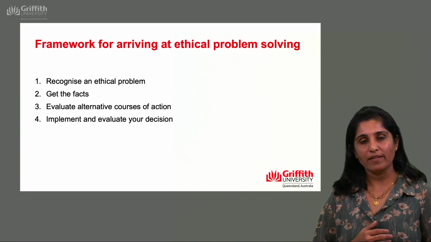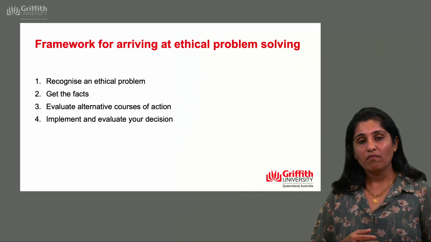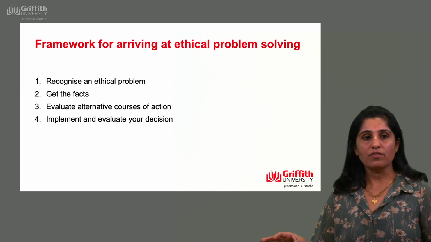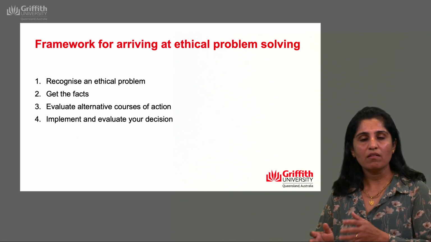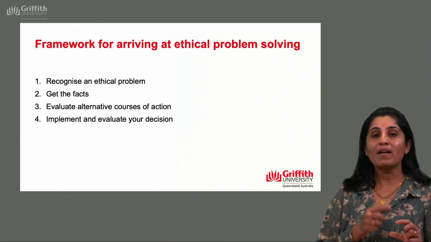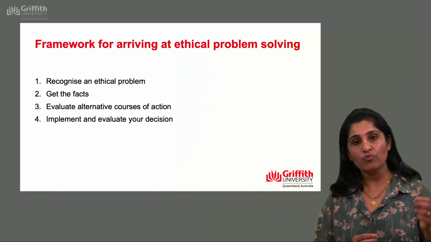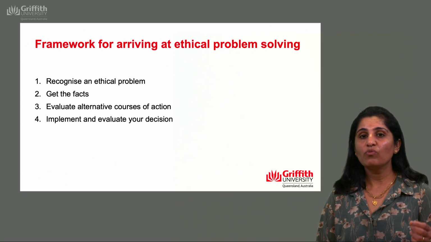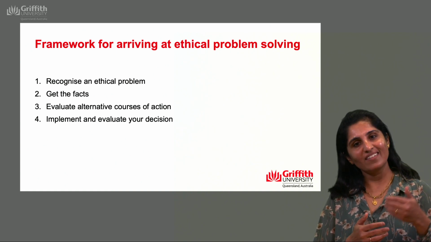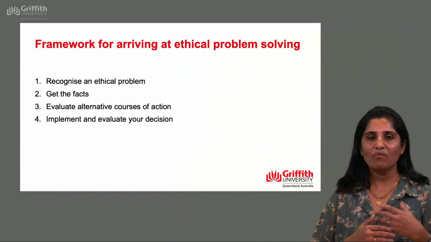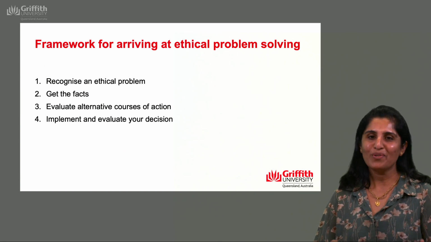Think about the impact and then come up with alternative actions. Action A, B, C, D. Think about what will work better and be fair to all. And then you have to choose which is actually good for all, and then you implement the decision, and over a period of time you evaluate your decision.